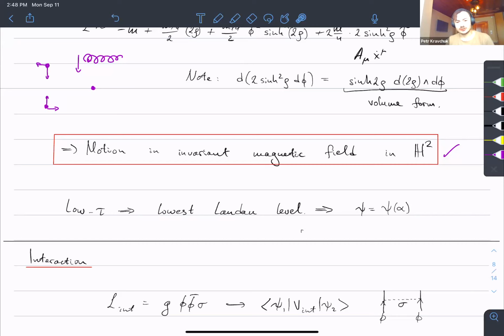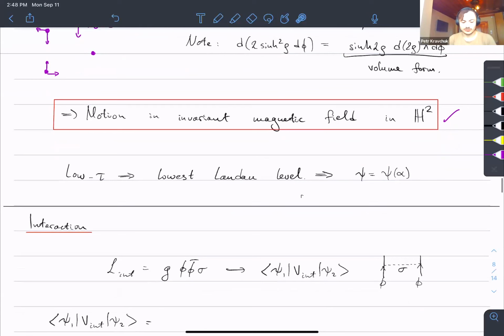Now, the interaction, I'm not adding it by hand here. I'm not trying to come up with an interaction for these n classical particles or n quantized particles. The interaction I already have. It's this Lagrangian for the field theory model, and it tells me what this V is. Then once I do the calculation, I'm not thinking about these classical particles, I'm just doing a field theory calculation and computing the matrix elements.